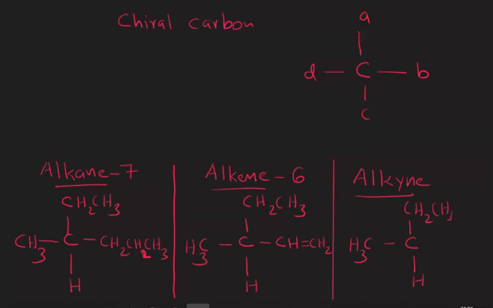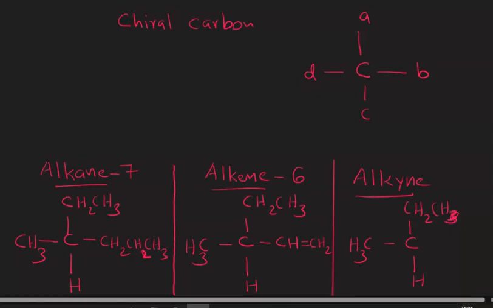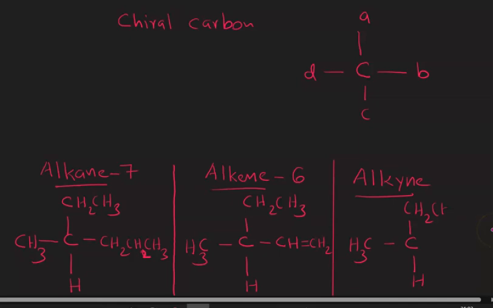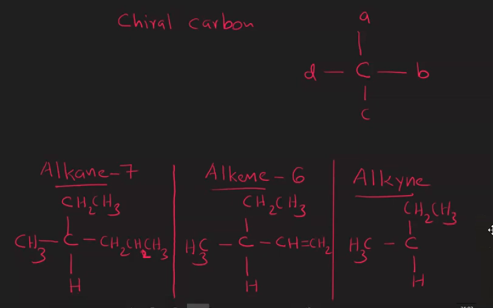Now we cannot put the previous CH double bond CH2, right? Why? We will make it an alkene. We want an alkyne. So our best bet is C triple bond CH.